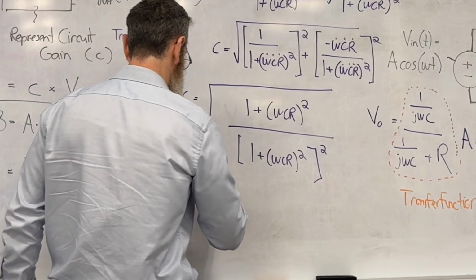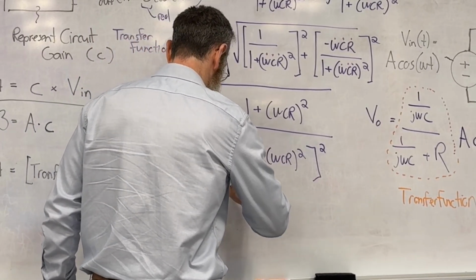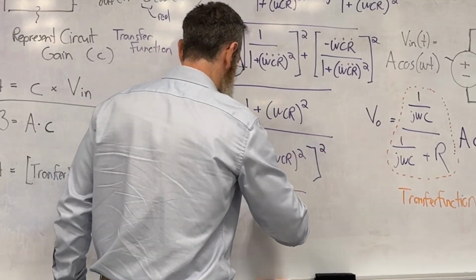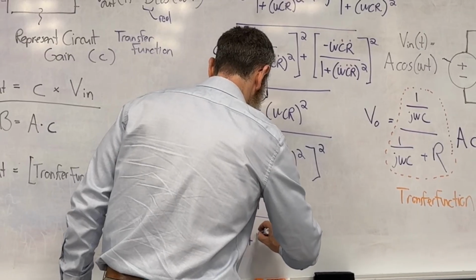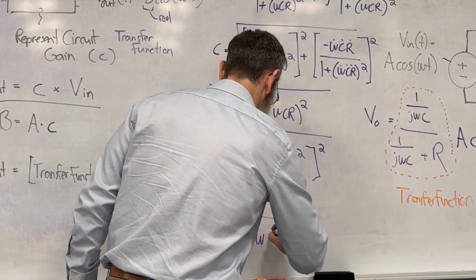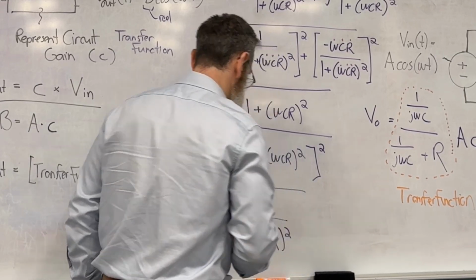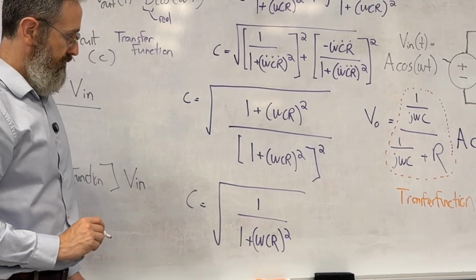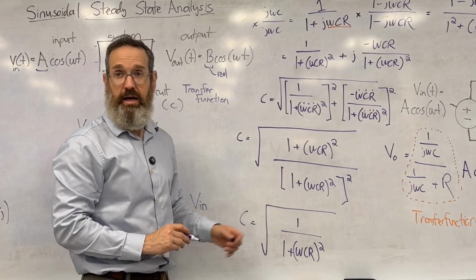And so I get C is equal to the square root of 1 over 1 plus WCR squared. Because this happened to cancel that out.